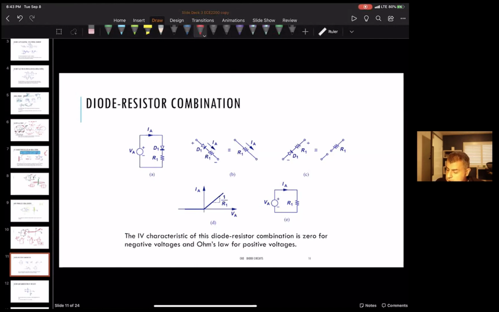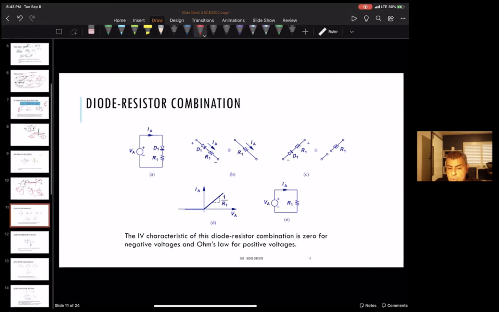We'll go over this again and again, because in chapter 3 we're getting used to these different models of diodes: the ideal diode model, then another model called the constant voltage model, which is a little bit more sophisticated than the ideal model, and then the exponential model. We're going to look at the differences between these and how you can analyze circuits.